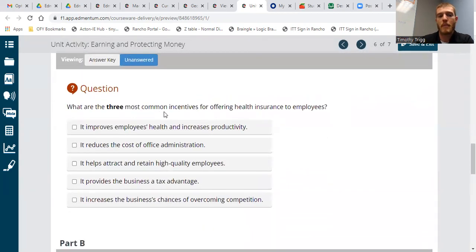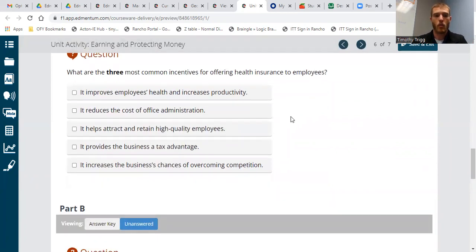The three most common incentives for offering health insurance to employees. So why would you want to offer health insurance to the people that work for you? Well, it increases the employee's health and their productivity. Also, it helps attract and retain high quality employees, right?